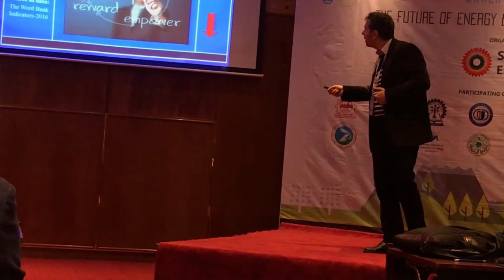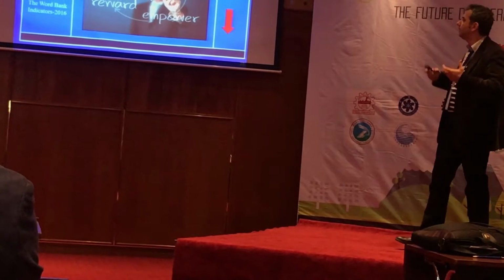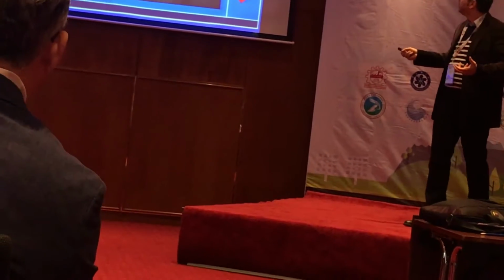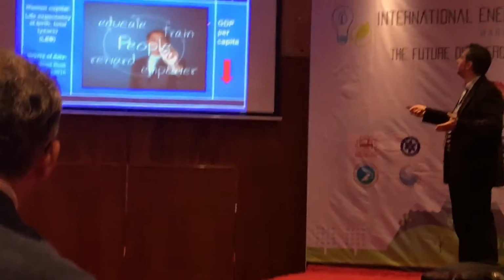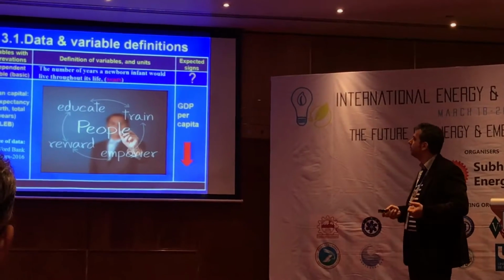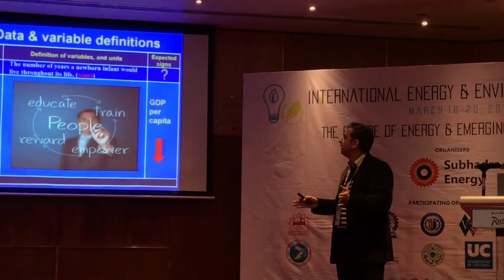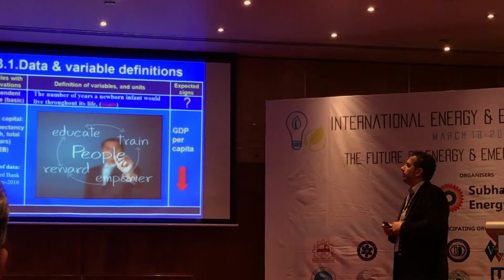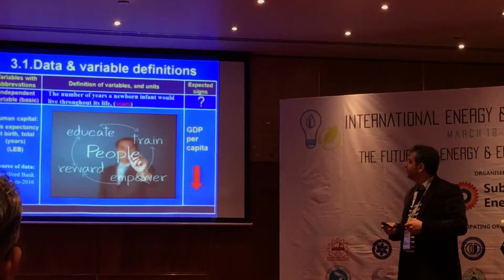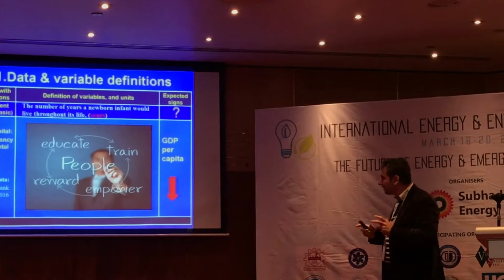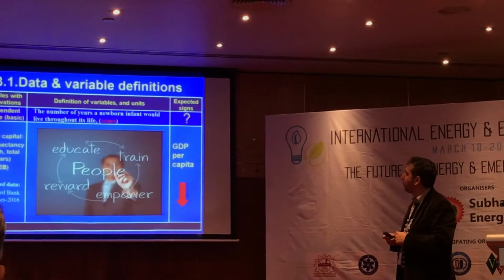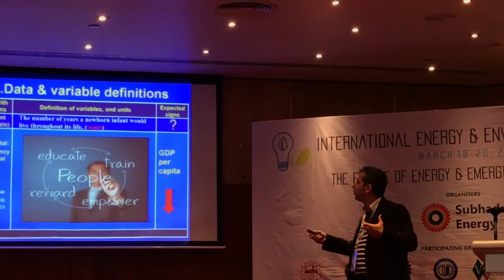In the fourth variable, human capital is seen as the engine of economic growth. It's based on people. You educate, train, empower, reward people. The main determiners of human capital are education and health, and we take the health. So we count the number of years a newborn infant will live throughout its life.